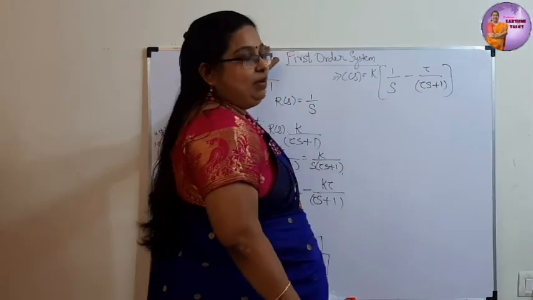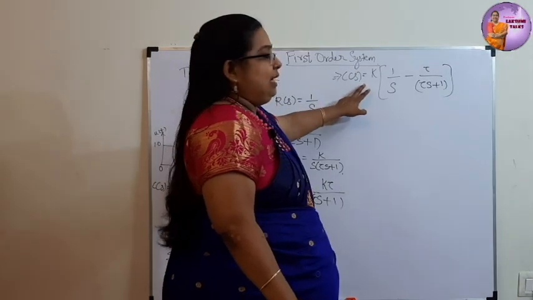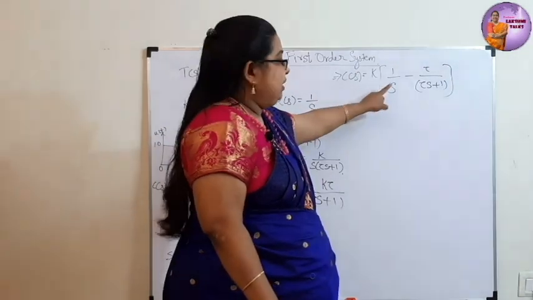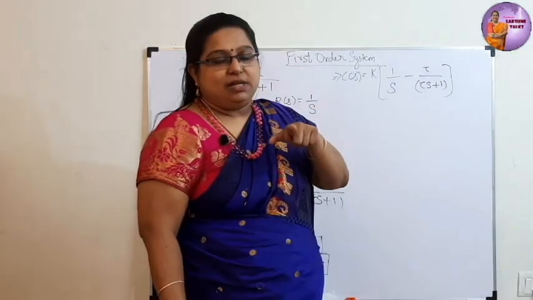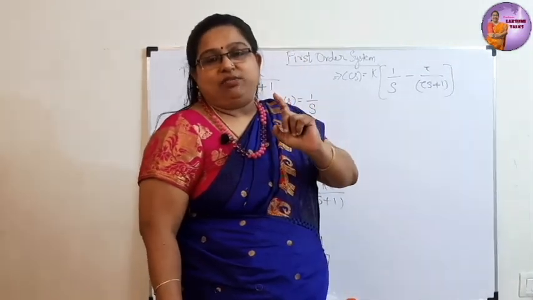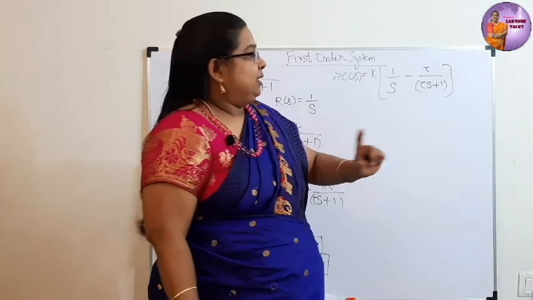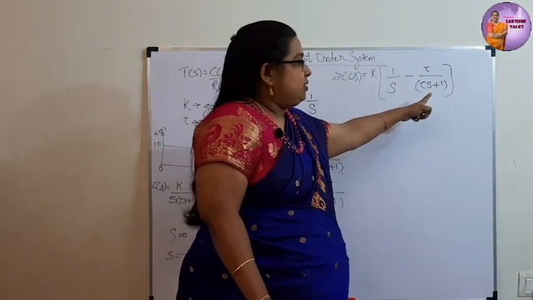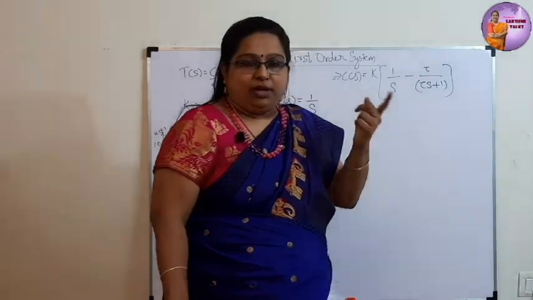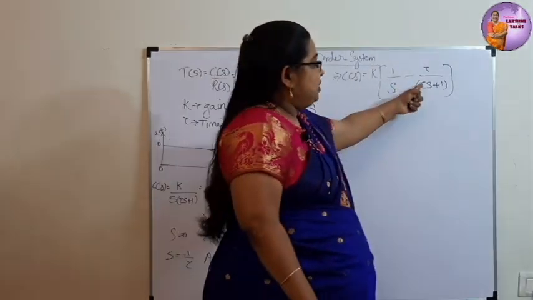But we very well know that when we are taking Laplace inverse, for 1 by s plus a, the Laplace inverse is e power minus at. But here it is of the form tau s plus 1. So to get it of the form s plus a, we need to take tau outside.